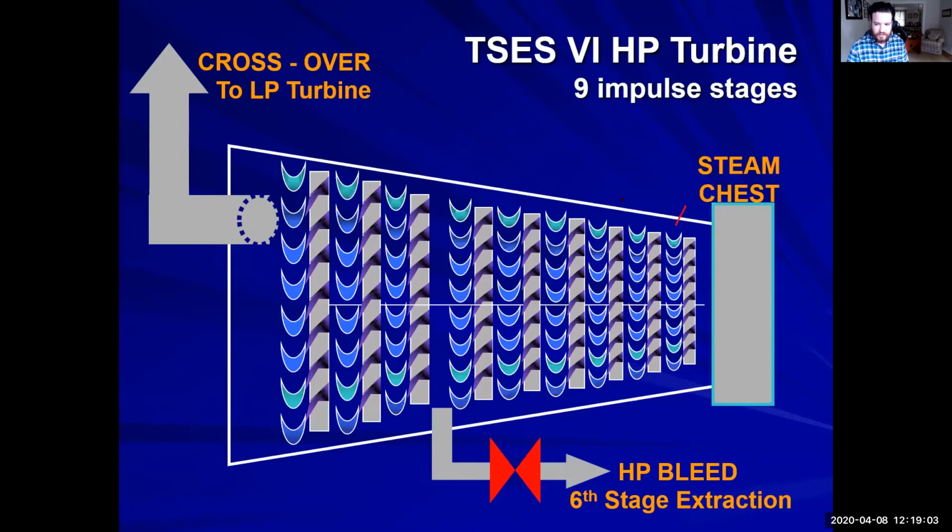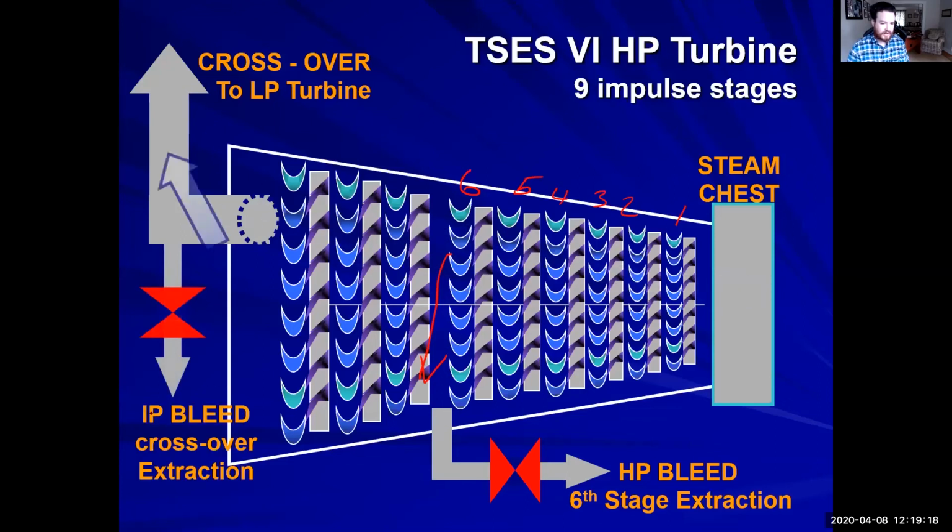So we've counted 1, 2, 3, 4, 5, and after the 6th stage, that's utilized in startup. And then we have what is known as the IP bleed crossover extraction. Again, not used in normal operations. Just know that it's there.